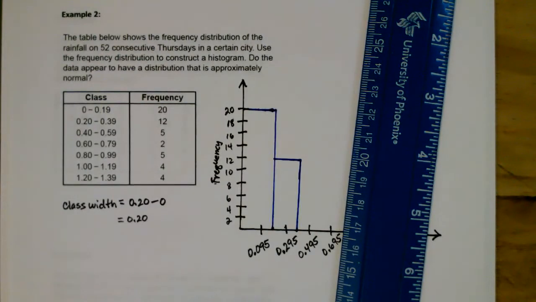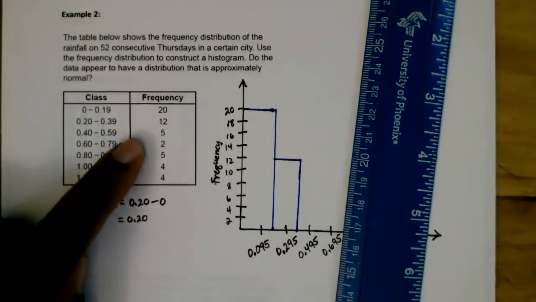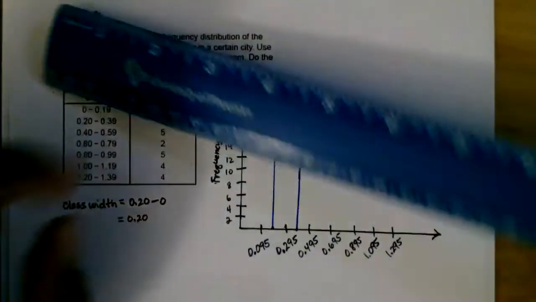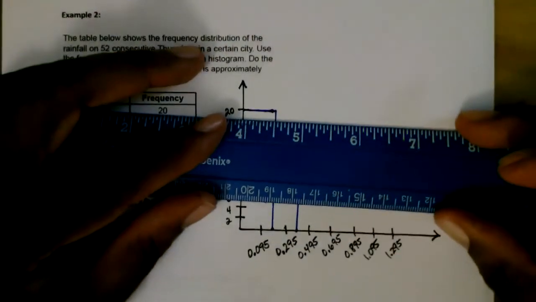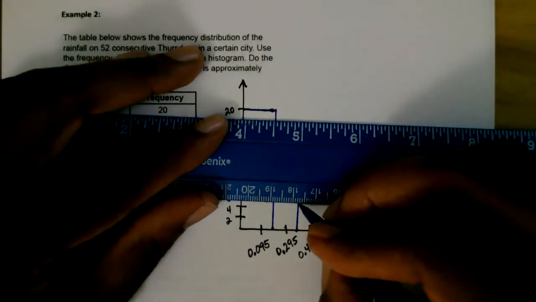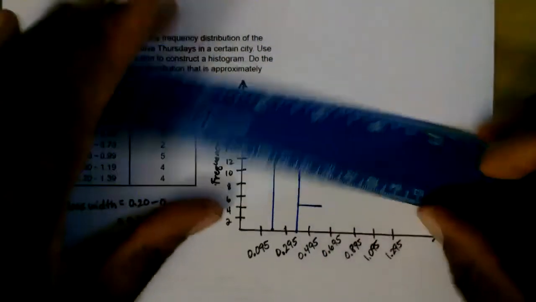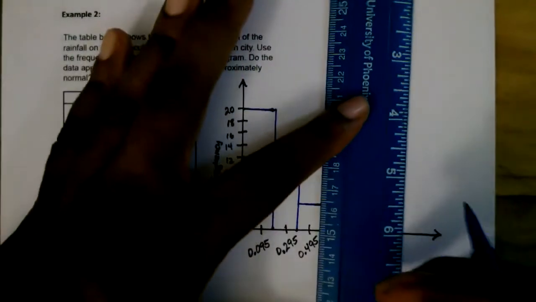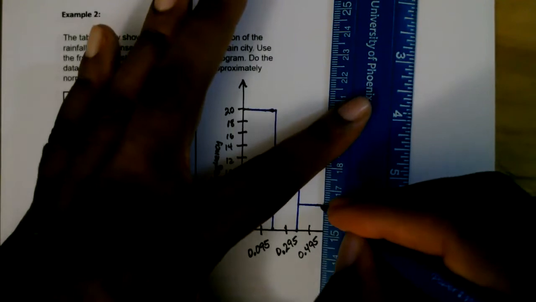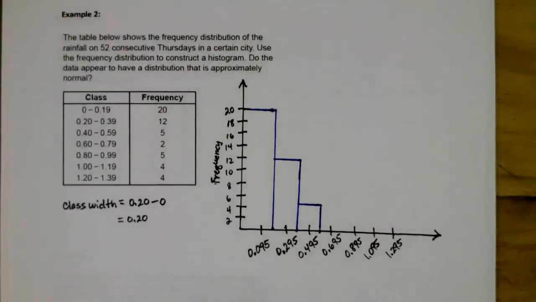And then 0.495 represents the class midpoint for 0.40 to 0.59. The frequency there is 5, which is halfway between 4 and 6. So I'm going to put it halfway between 4 and 6, draw the line this way, and come down so that the mark is in the center.